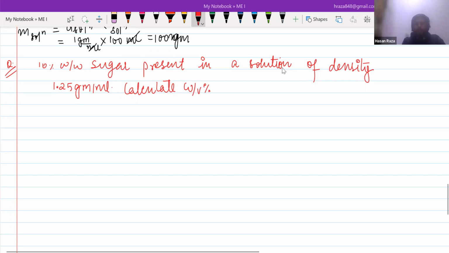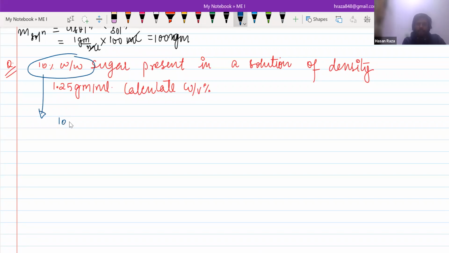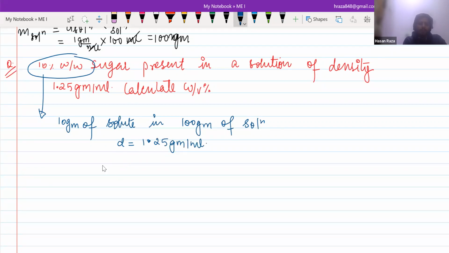Well, that's good. Alan, let me just check what you have taken from here. It is 10 gram of sugar, that means basically solute, present in 100 gram of solution. Density is basically 1.25 gram per ml.